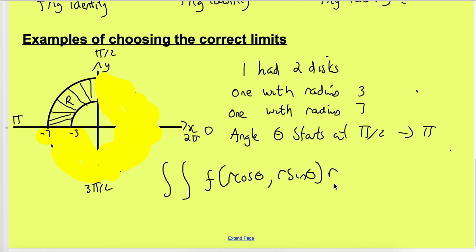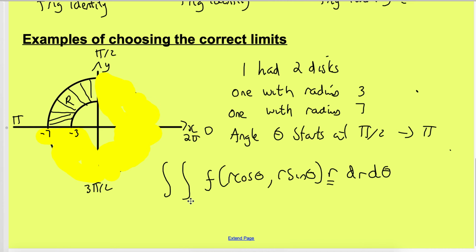Remember your extra factor of r dr d theta. Now, the internal limits are the radii of the circles that make up the disc.